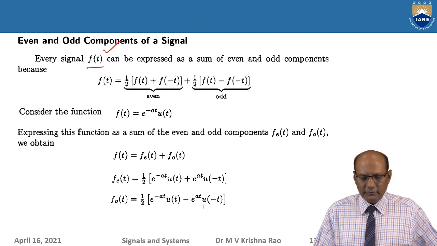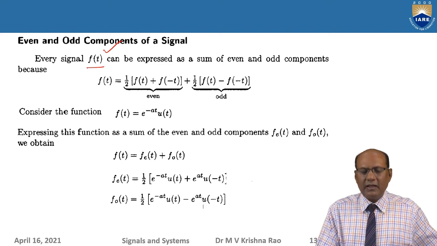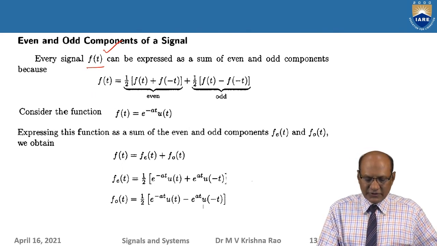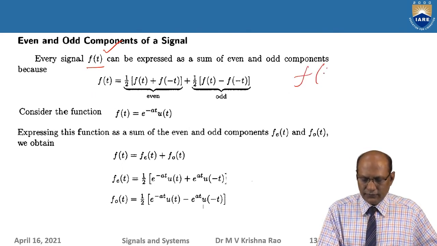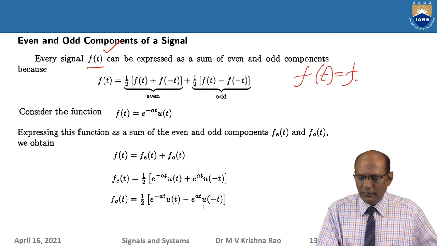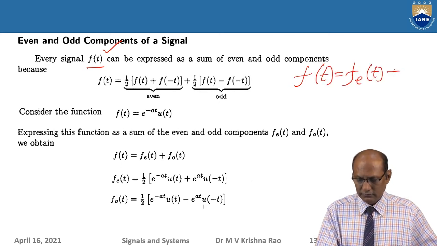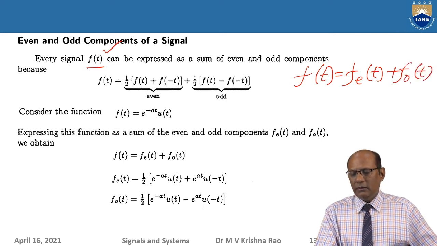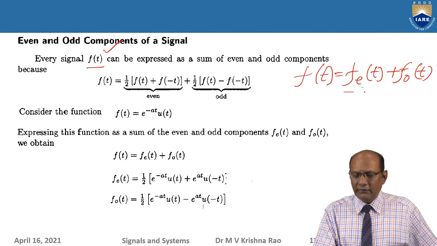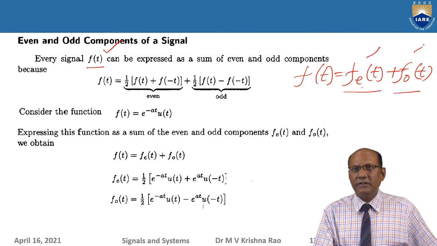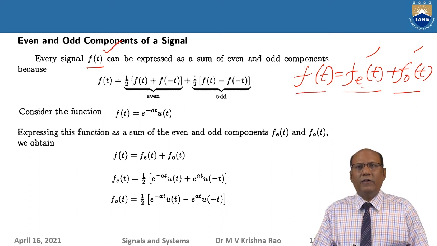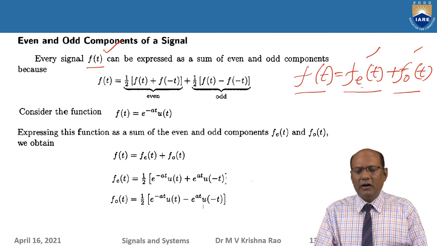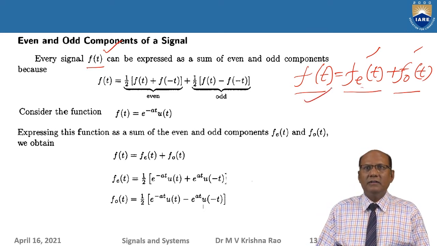See, given any arbitrary signal, I can represent it as f of t equals f even function plus its odd function. Okay, I can find the even function for this, and I can find the odd function for this, for the given f of t. And if I add both even and odd, again I will get back the original function.